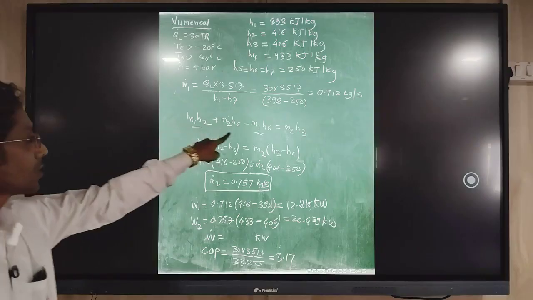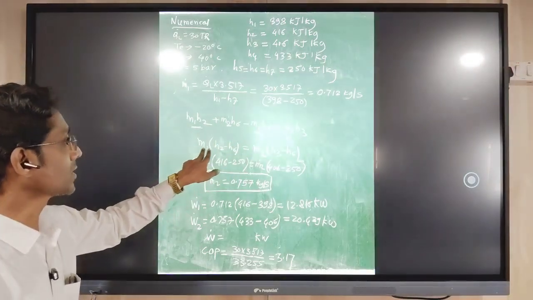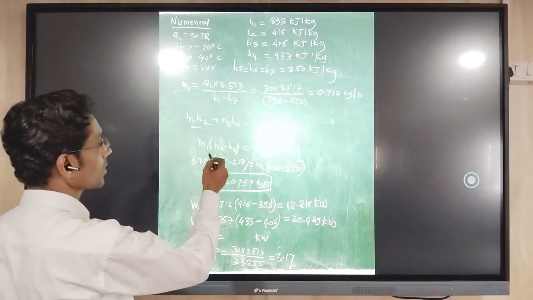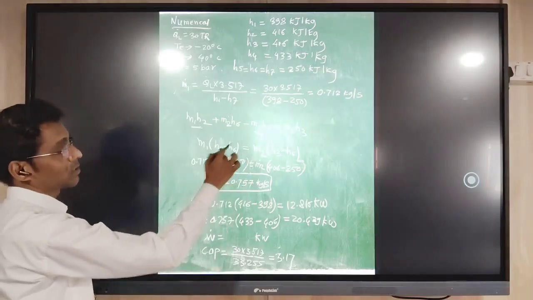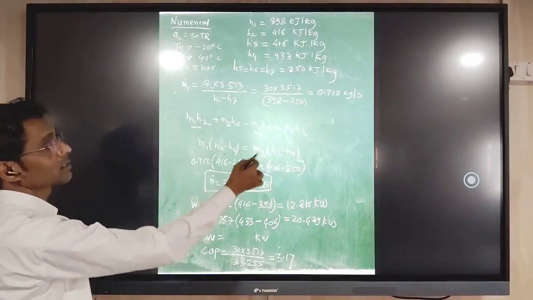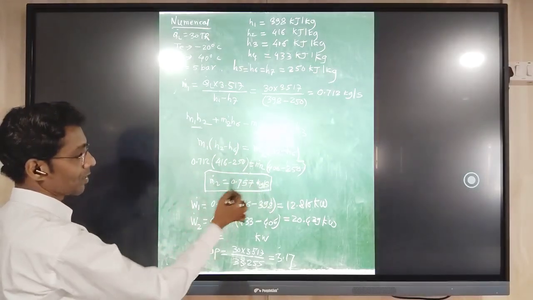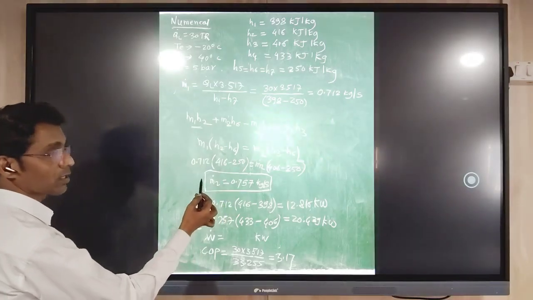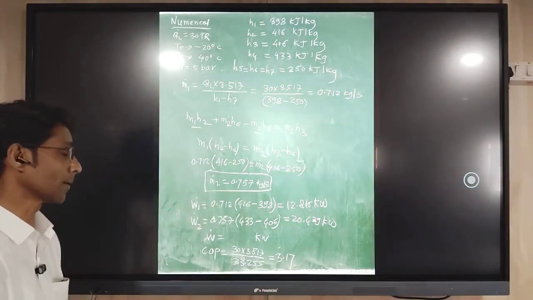Here M1 dot is common, so you can take it on one side and M2 dot on the other. Putting in the value of M1 dot and the enthalpies and simplifying, the unknown is the mass flow rate of compressor 2, M2 dot, which we find in kilograms per second.